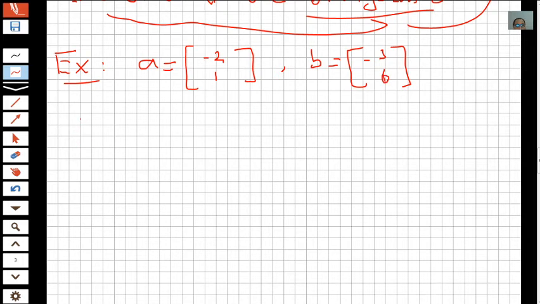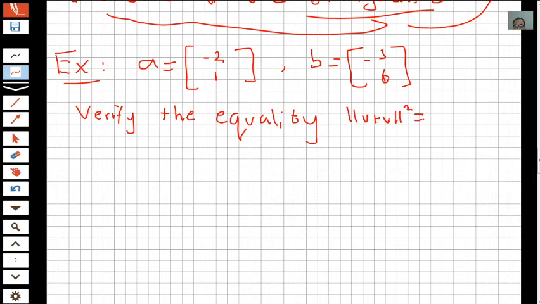So verify the equality: the length of u plus v squared is equal to the square of the length of u plus the square of the length of v. If we have this equality, then we understand that they are orthogonal to each other.